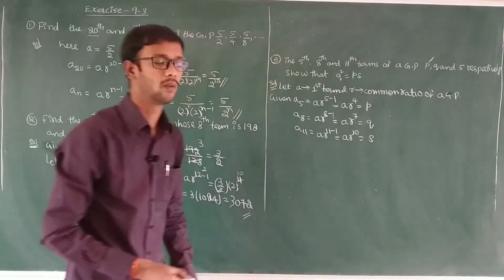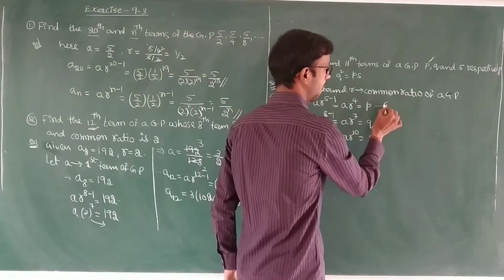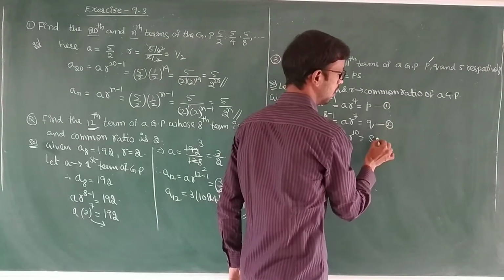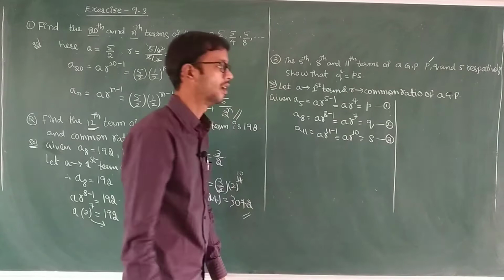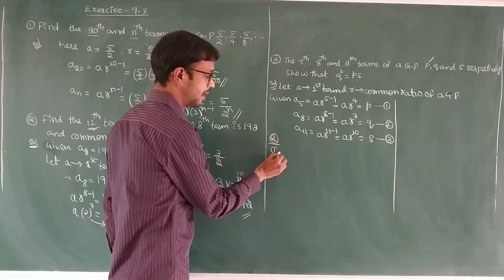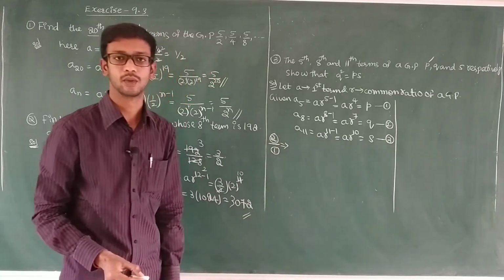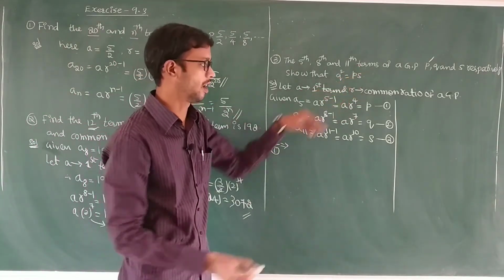So now I'll take these three as equation 1, equation 2, equation 3. Now I'll make the division, 2 divided by 1. No need to write all, only these two I am taking here.